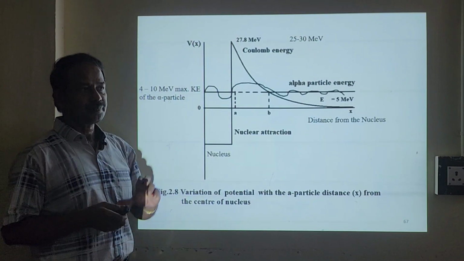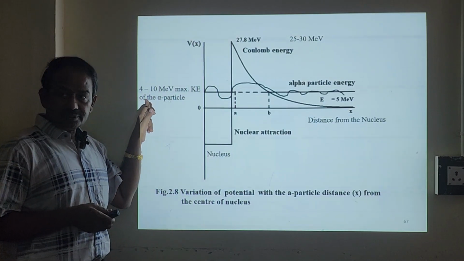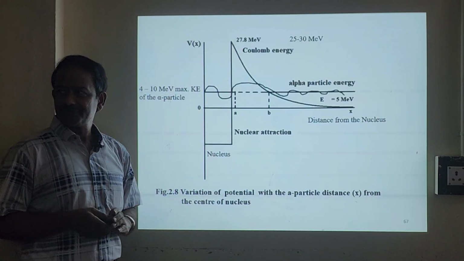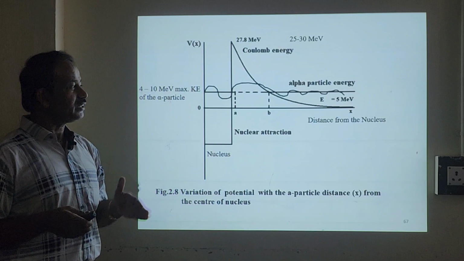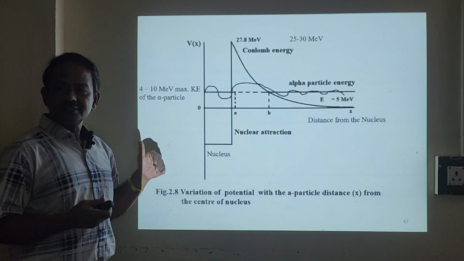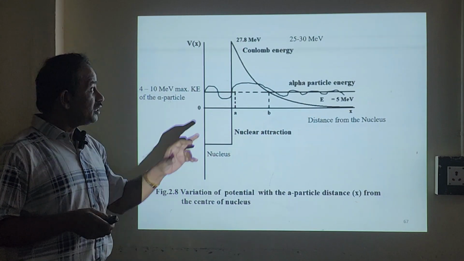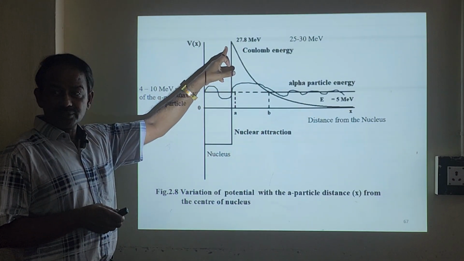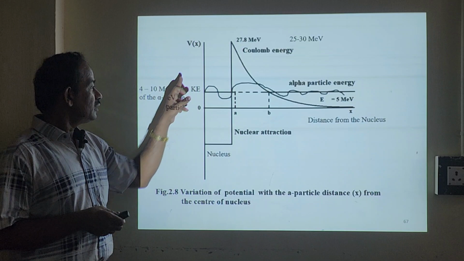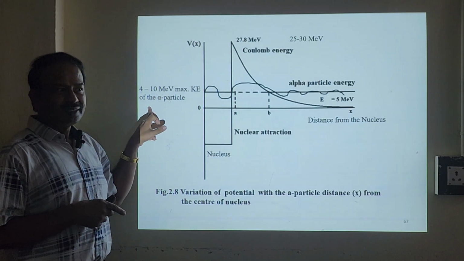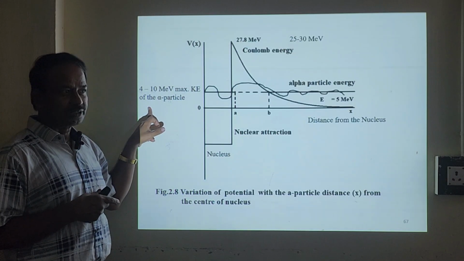So this is the height. And the kinetic energy of the alpha particle is less than the barrier height. But it is found that a few alpha particles will penetrate the barrier and come outside. Even though the height is 27.8 mega electron volt, the kinetic energy of the alpha particle is very small, around 10 mega electron volt.